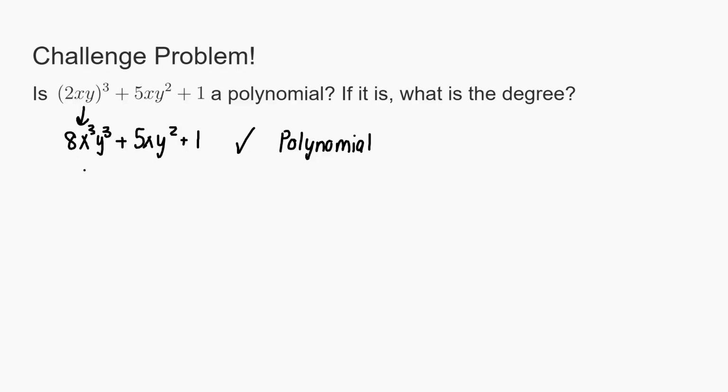Let's start by looking at each term separately. The power of this is going to be 3 plus 3, that's 6. The power of this is going to be 1 plus 2, which is 3. And the power of this is 0. So the degree is the highest power, so we know the degree is 6. So, this is a polynomial, and the degree is 6.